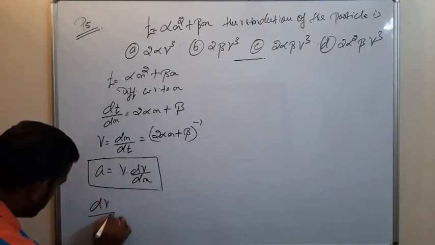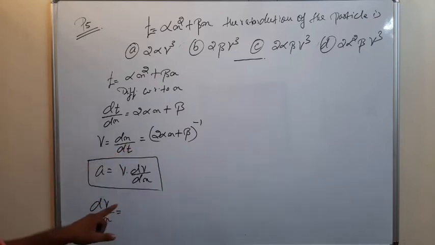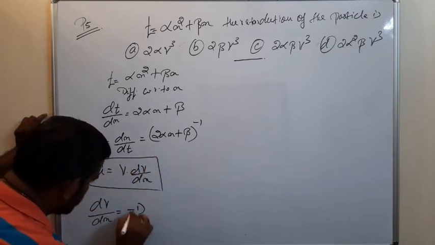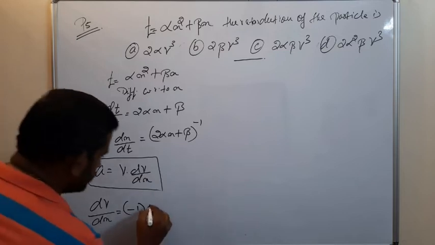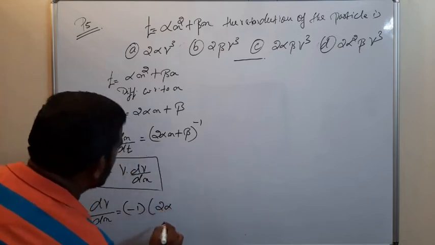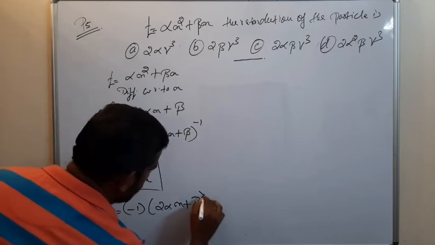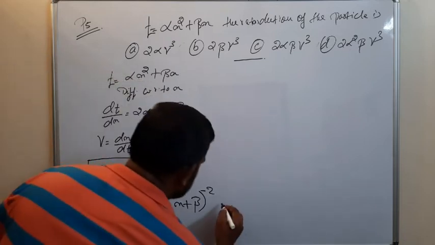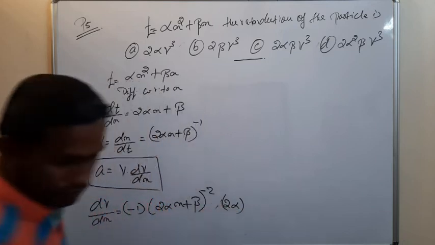So dv by dx is equal to minus 1 into, this is v, so we have to find dv by dx. Minus 1 into (2 alpha x plus beta) the whole power minus 2, then into 2 alpha.